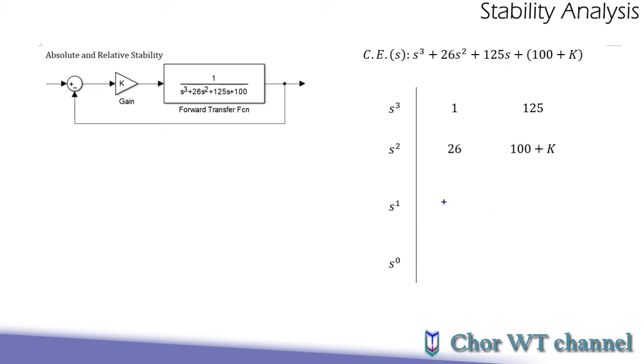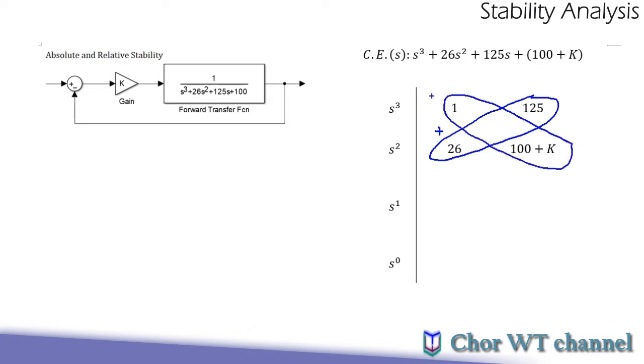To get the first term over here, we will need to cross multiply 26 and 125. This is plus, and from the product we have to minus the diagonal product of 1 and 100 plus k, and in the end, we divide by 26.